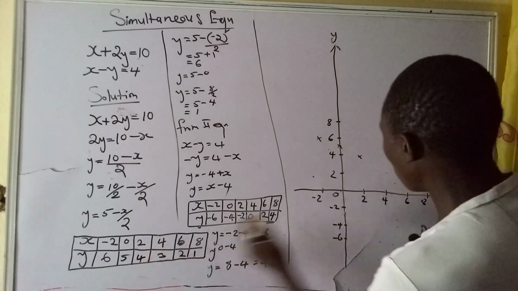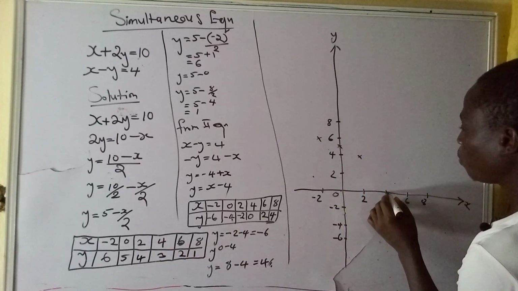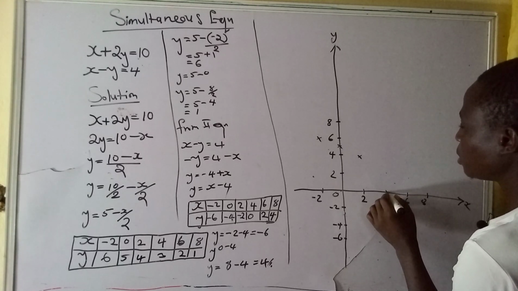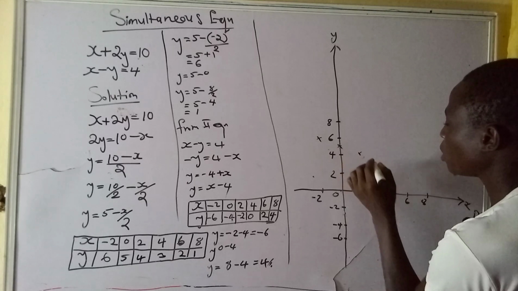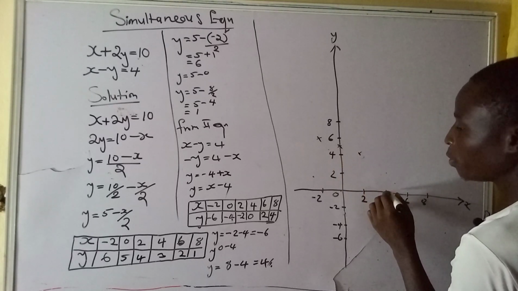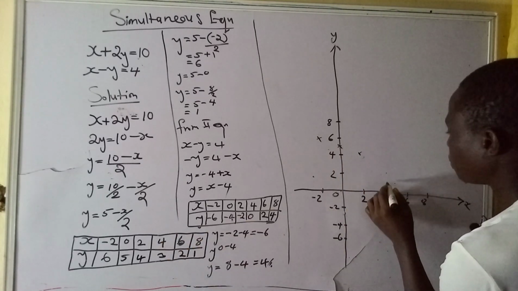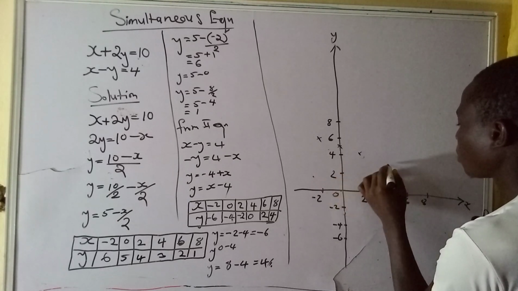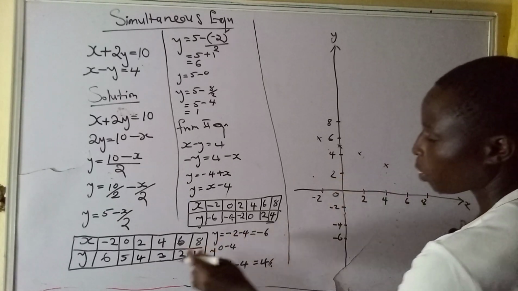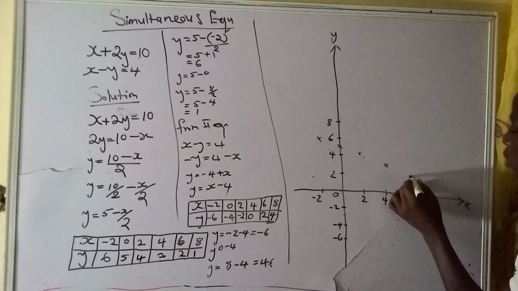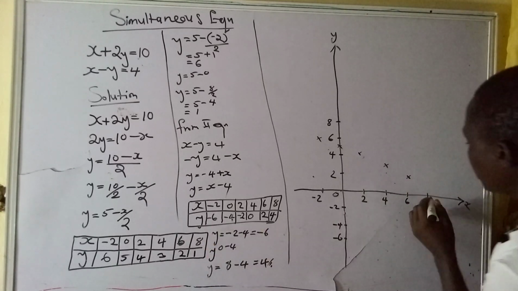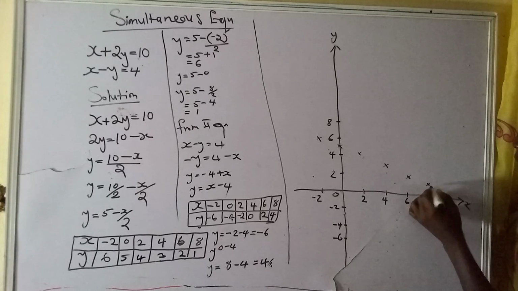When x is 4, y is 3. This should be somewhere here. When x is 6, y is 2. When x is 8, y is 1.